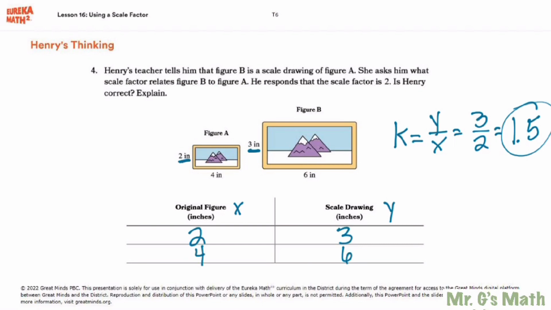And then whenever you come to me, or if you're in 7A, Miss Lucy's group, we're going to be doing number 6 and 7, where we're going to be creating our own scale drawings again of some very simple squares or rectangles. And if we have time, we'll go ahead and do the sailboat on number 8. If we don't have time to do the sailboat on number 8, we'll use number 8 as homework. Okay? So let's go ahead and start our stations now.